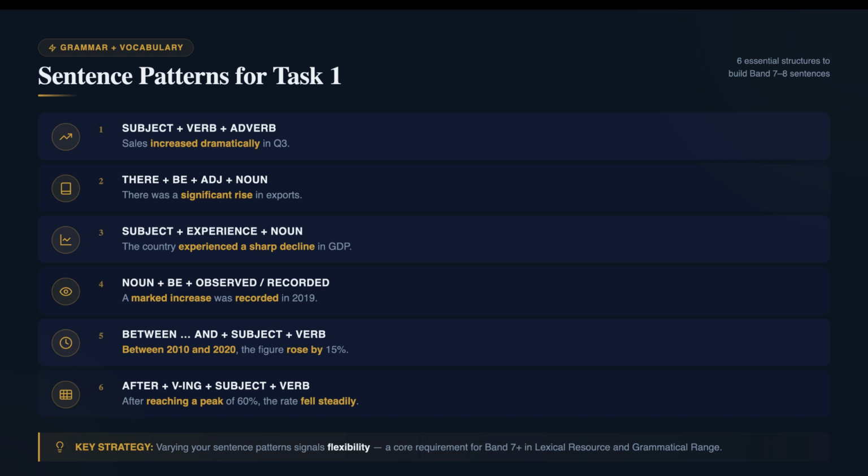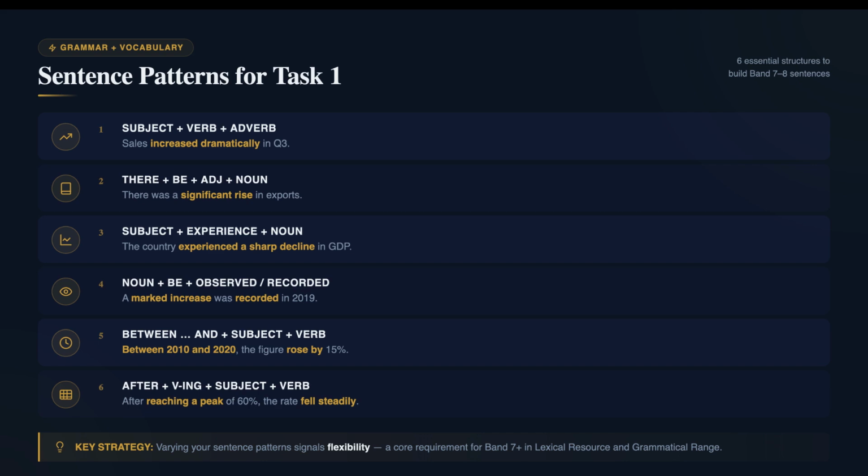Increased is the past tense verb form, and dramatically is an adverb, coming from the adjective dramatic. So sales increased dramatically in Q3. Let's follow our formula: subject, verb, and adverb.